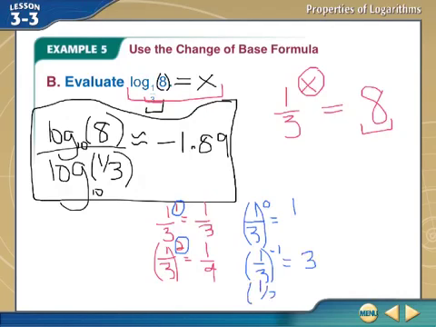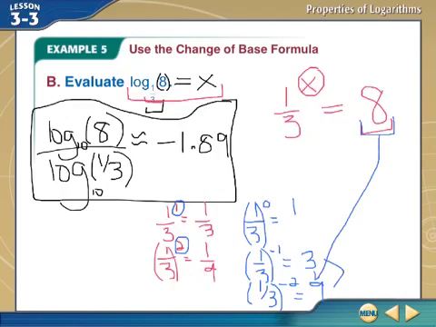And 1/3 to the negative 2 power is equal to 9. So I know that my exponent is somewhere between -1 and -2 because my output is here. Then we want an output of 8, and 8 is in between 3 and 9.